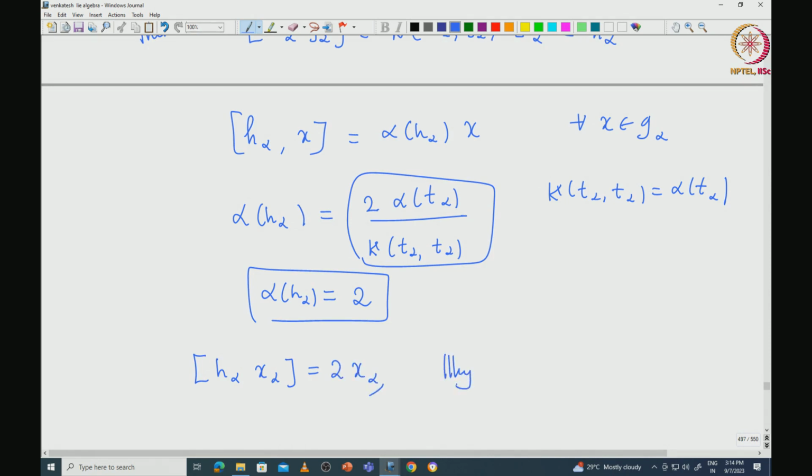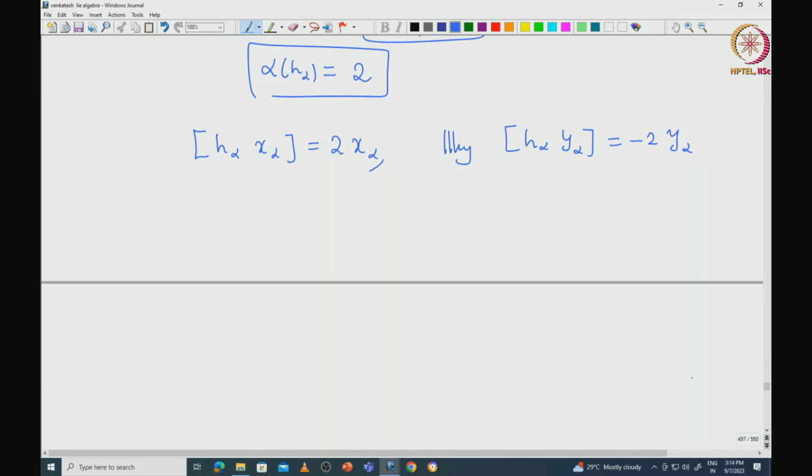Similarly, if you compute the bracket x alpha y alpha, since y alpha is coming from g minus alpha, you get minus 2 y alpha. Now we can write down the whole table. The bracket h alpha x alpha is 2 x alpha, the bracket h alpha y alpha is minus 2 y alpha, and the bracket x alpha y alpha is nothing but h alpha.